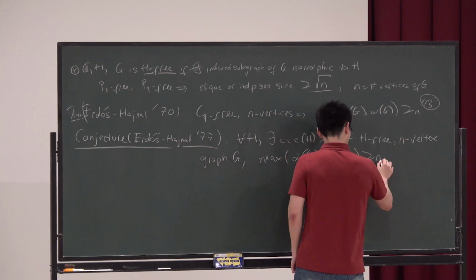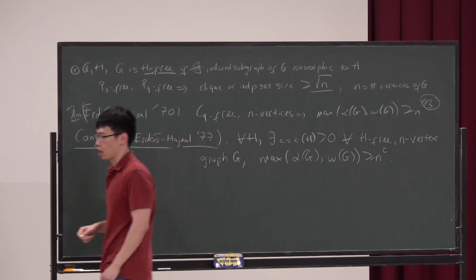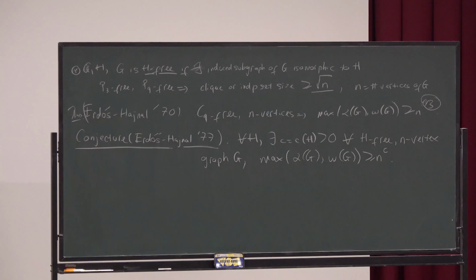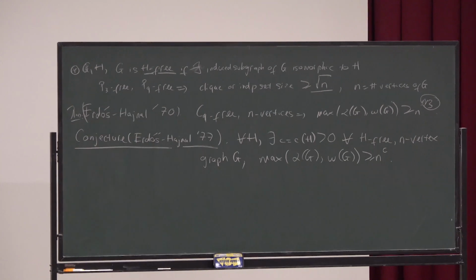In other words, in general, the max of alpha or omega has to be a power of n. Any question?